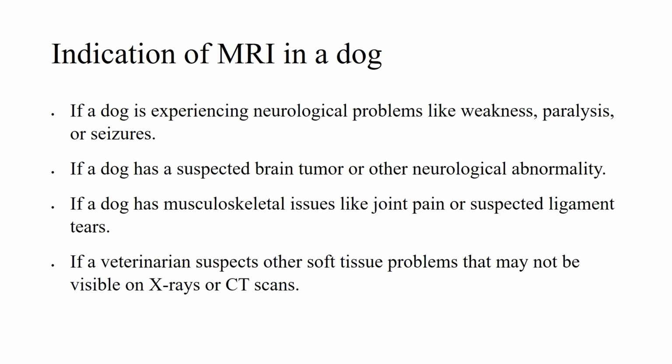As for the indications of MRI in dogs, it can be useful in neurological problems like seizures or paralysis, and to identify brain tumors or other neurological abnormalities. Musculoskeletal issues like joint pain or suspected ligament tears also benefit. MRI is useful in such cases.